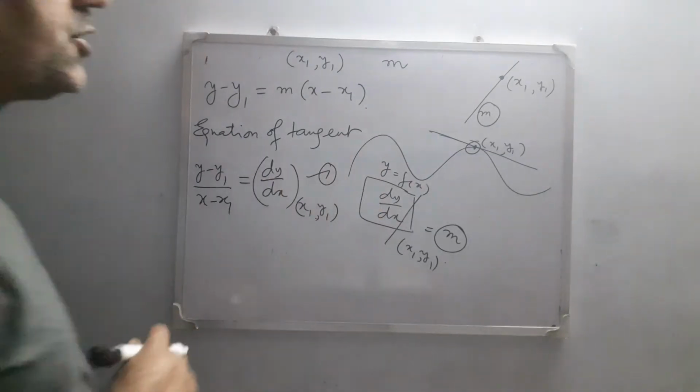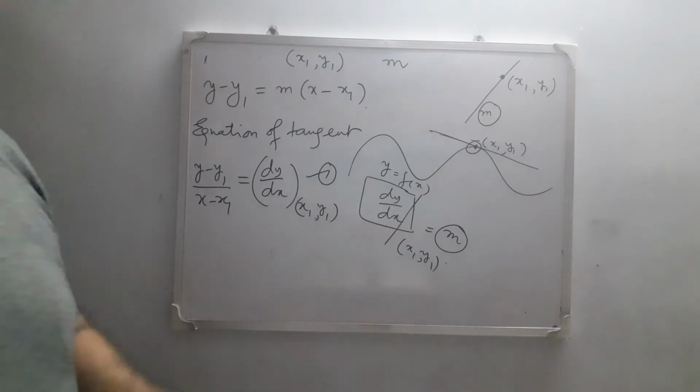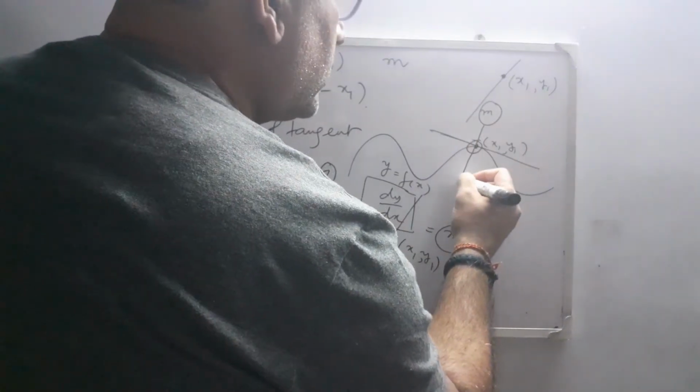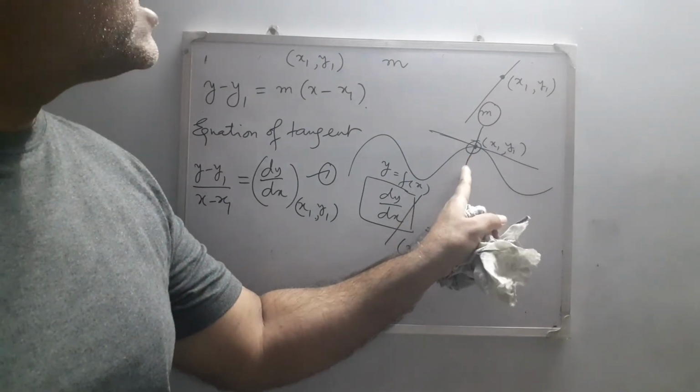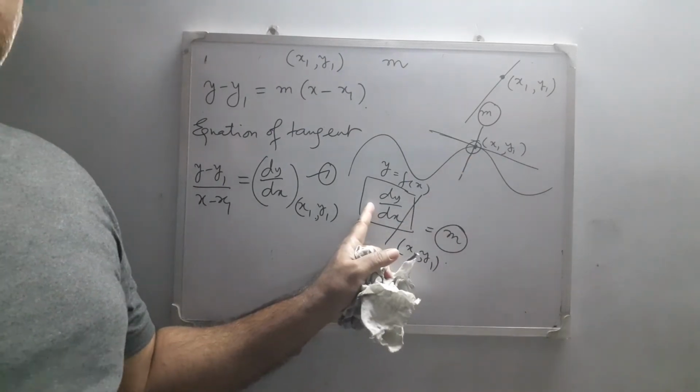And what about the equation of normal? The normal is a line which is perpendicular to the tangent at the point of tangency. So its slope will be -1/m, so -1/(dy/dx).